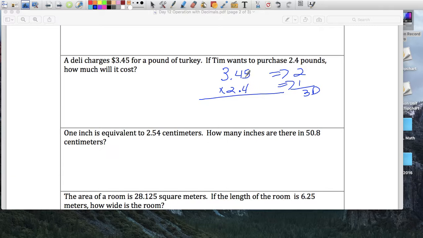Let's start multiplying. The result is 8280... 8 1 8 0, so where's the decimal? 3 decimal places: 1, 2, 3, right here. So how much did you pay? $8.18.